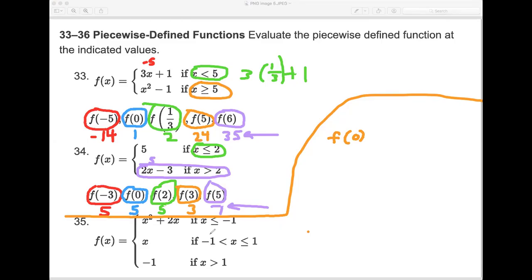So this would fit right here, and you would plug in 0. But when you plug in 0, it's just that number. So f of 0 equals 0. Anything in between will be the same thing. So if I did f of 1/2, it'll also be just 1/2, because it just says x for that one.